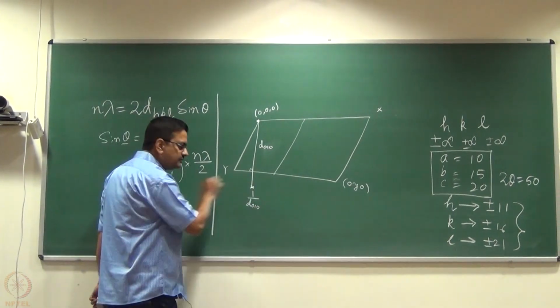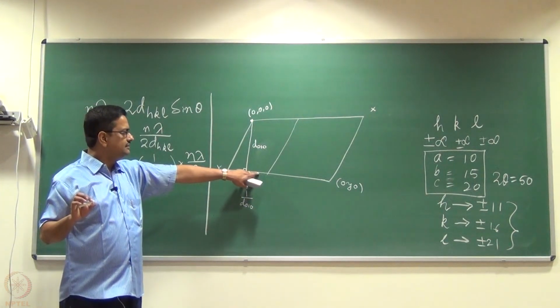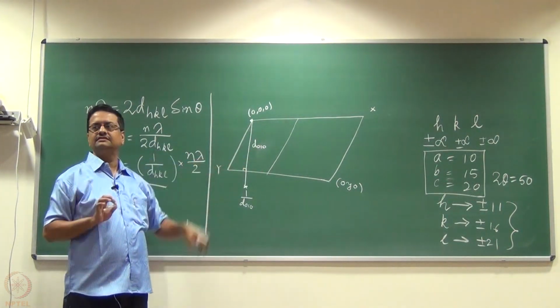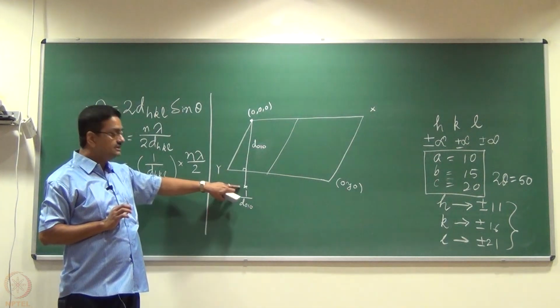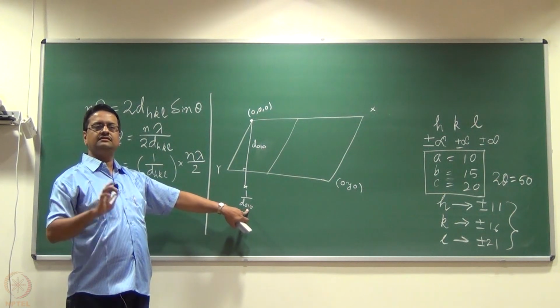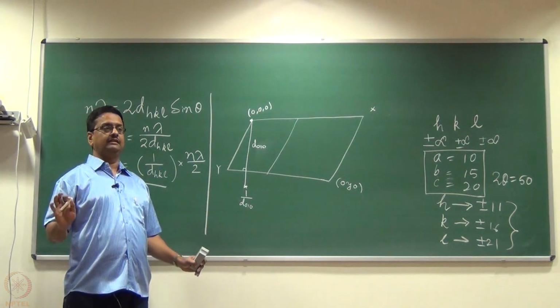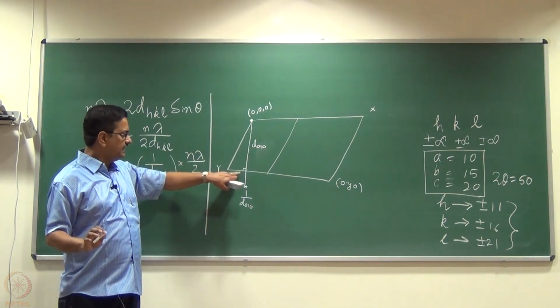So this particular star marked point represents this set of parallel planes in the lattice. So this is the reciprocal lattice point corresponding to D010, corresponding to the 010 plane. So for this plane, this is the point.